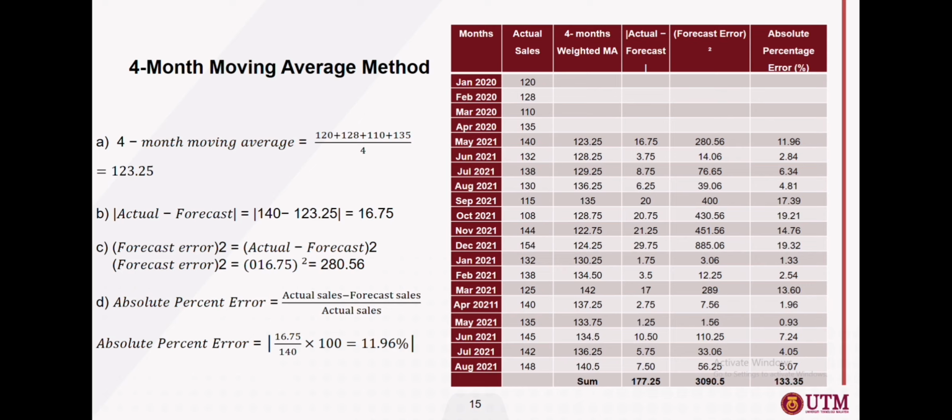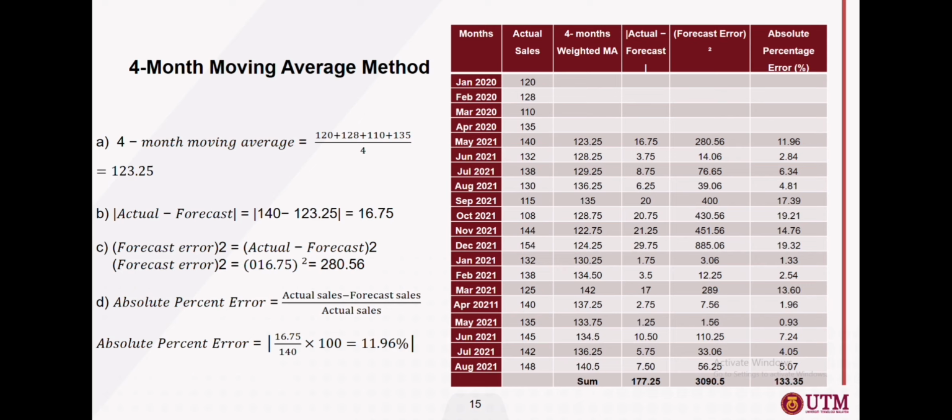The actual to forecast sum was 177.225, the forecasting error was 3090.5, and the absolute percentage error was 133.35.